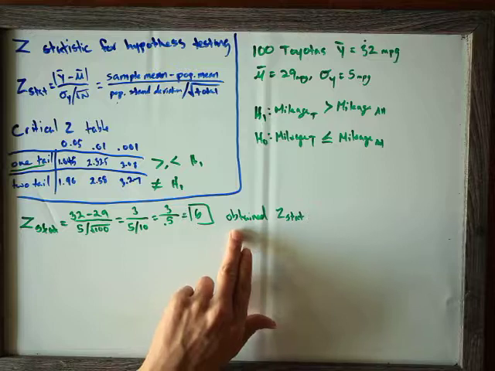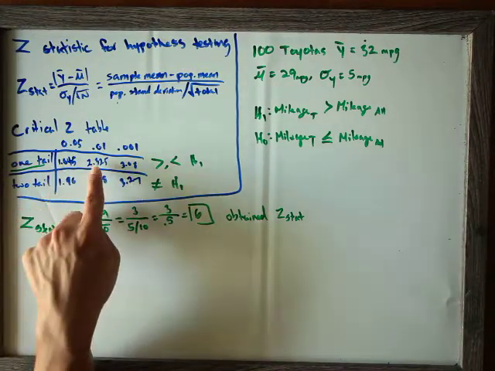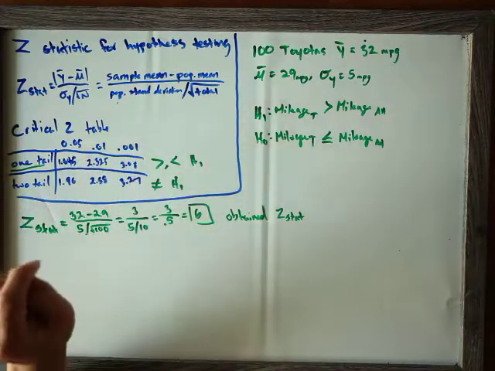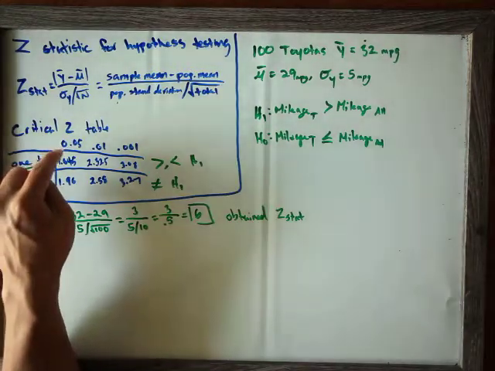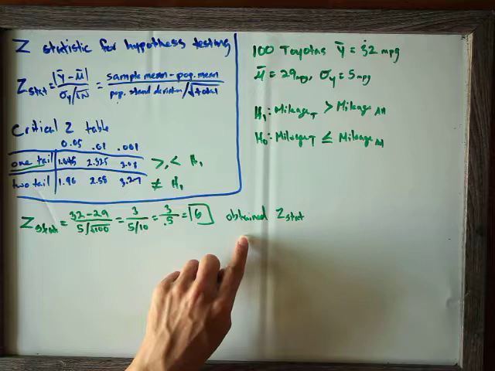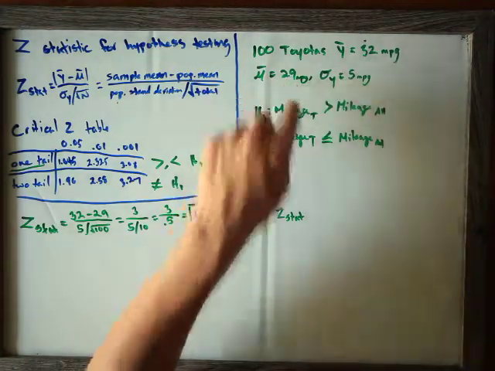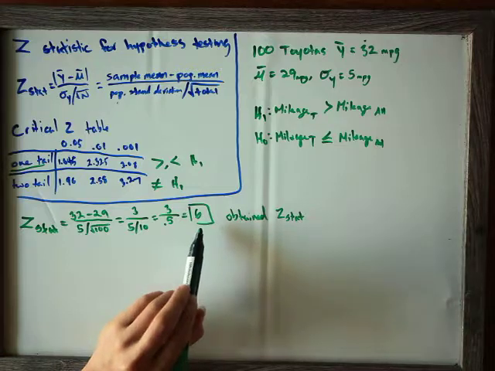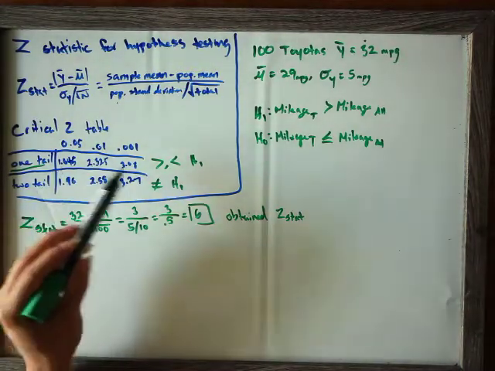Now we're going to compare our z-statistic to each of these critical z-scores that correspond to different levels of alpha. What these different levels of alpha tell us is our confidence that our obtained z-statistic is significantly greater than the population mean. So we're going to take our obtained z-statistic of 6 and see if it's greater than each of these numbers.